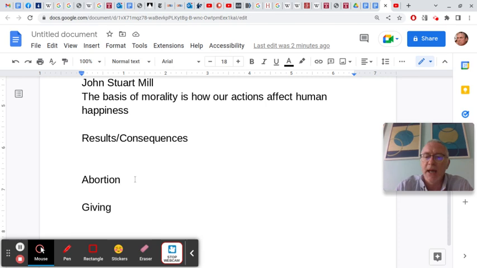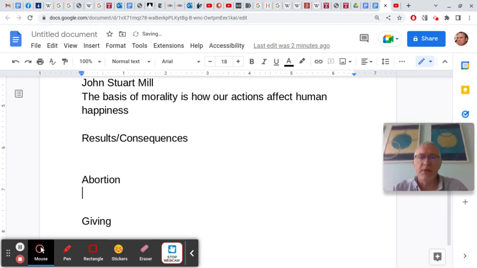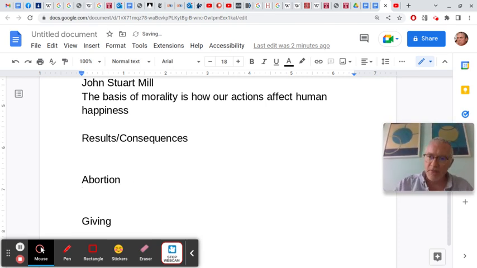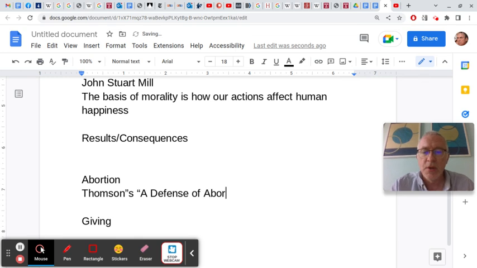So we'll be looking at two, I think, landmark essays in the abortion debate. One, Judith Jarvis Thomson's A Defense of Abortion, which is obviously a moral defense of abortion, written in the early 70s.